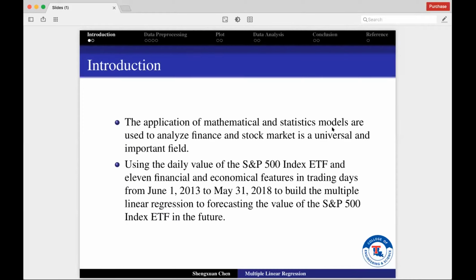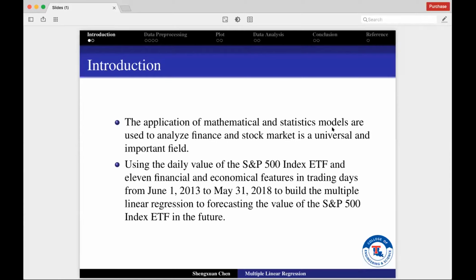The data include the S&P 500 index ETF and 11 financial and economic features in trading days from June 1st, 2013 to May 31st, 2018.